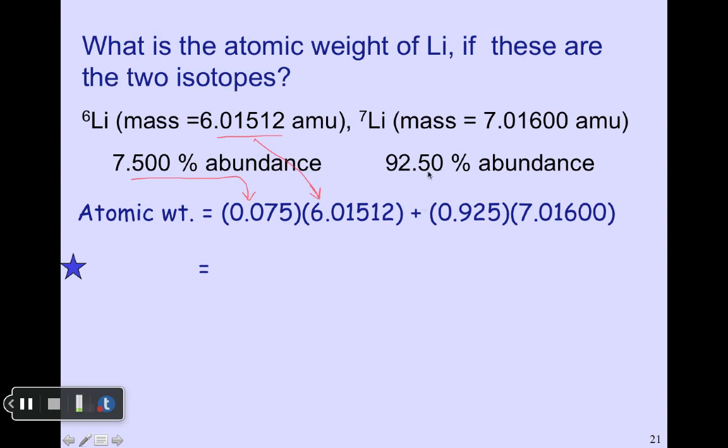You add to that the other isotope's percentage abundance reported as a decimal times its atomic mass. If you had more than 2 isotopes, you could add in 3 or 4 different isotopes to come up with an average, and in so doing, we'll put this all into a calculator and come up with an answer.